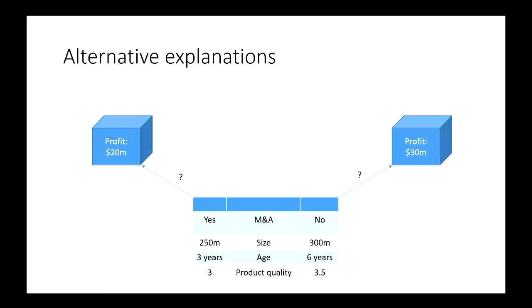It's also more efficient, maybe. Product quality. Maybe this company has higher product quality. Its products are of a higher quality, which is why this company makes more profit. So which of these is the correct explanation for this difference in profit?